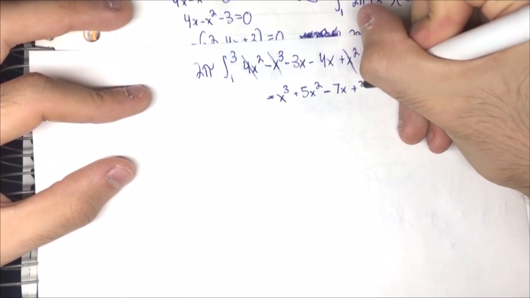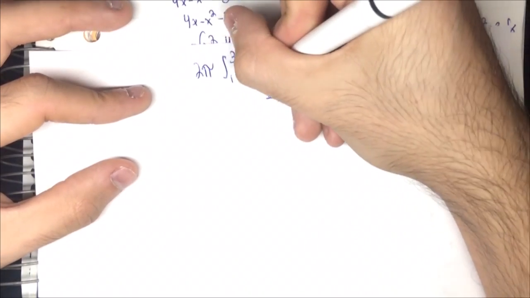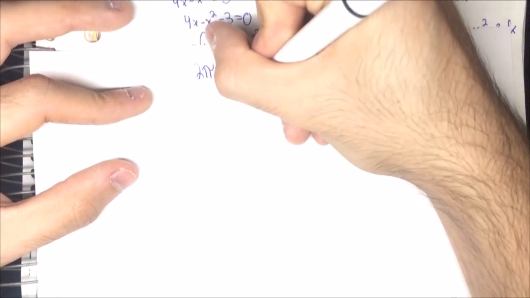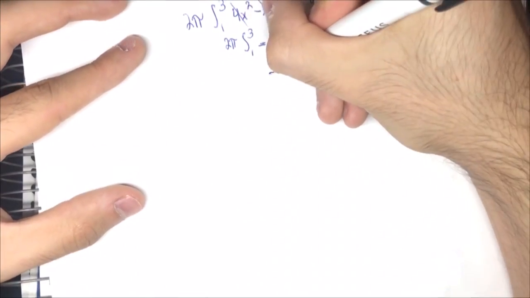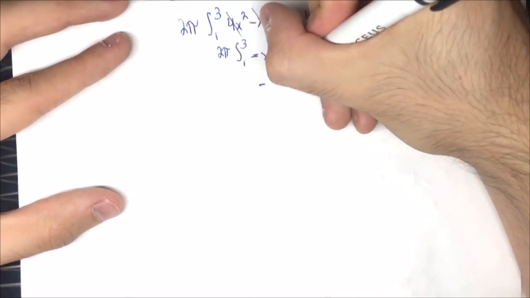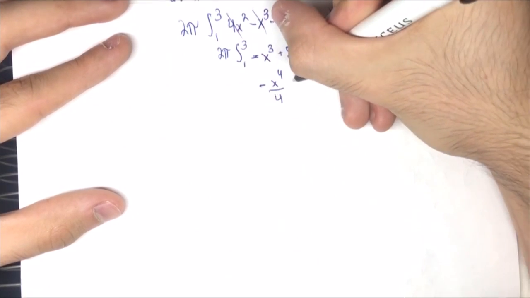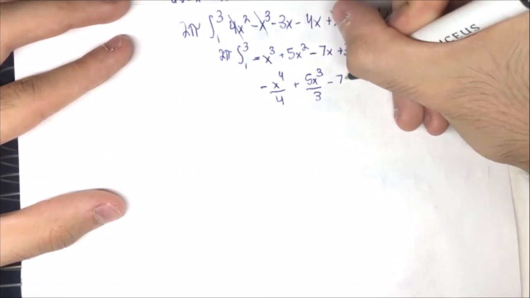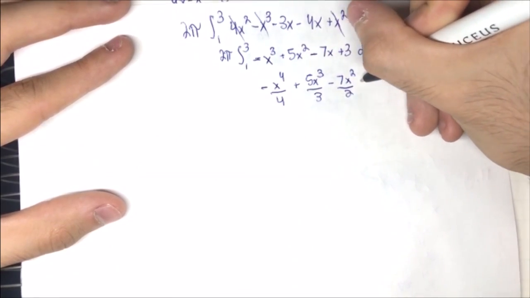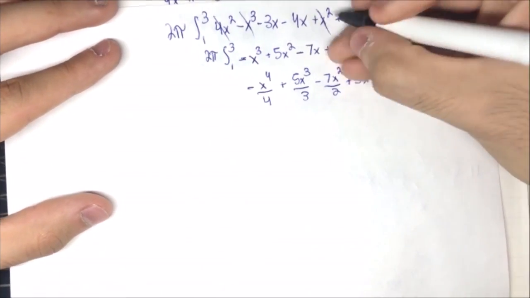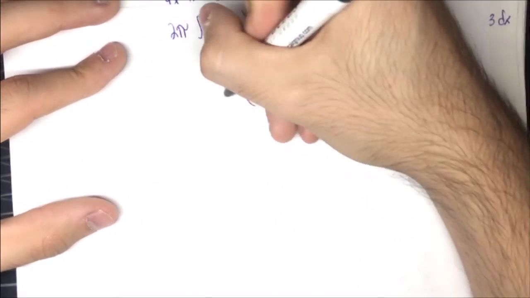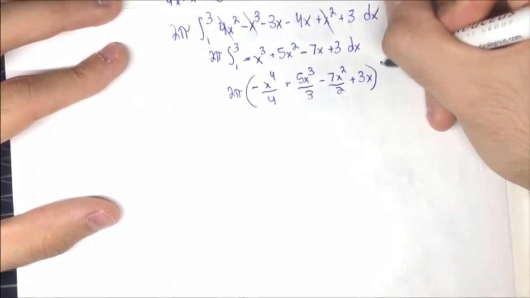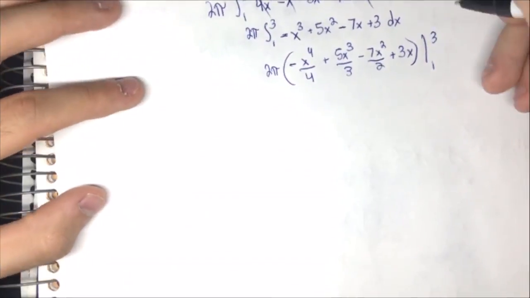So minus 7x and then plus 3 dx, and then this is what we find the antiderivative of. So let's see. Negative x to the 4th over 4 plus 5x to the 3rd over 3 minus 7x squared over 2 plus 3x, all being multiplied by 2 pi from 1 to 3.